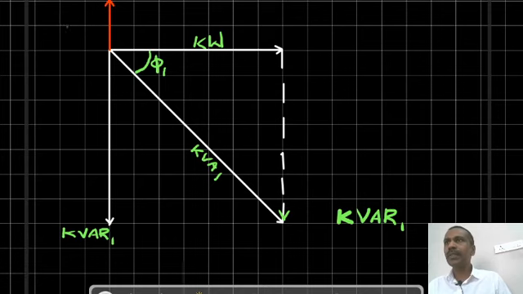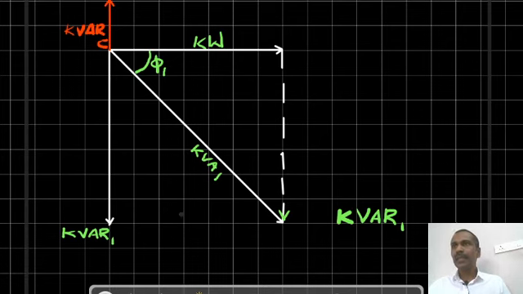So you can represent this as kVAR C. This is the reactive power supplied by the capacitor bank. Now you look at the picture. The reactive power supplied by the capacitor bank is acting upwards, whereas the reactive power drawn by the inductive load, kVAR1, is acting downwards. They are opposite to each other.